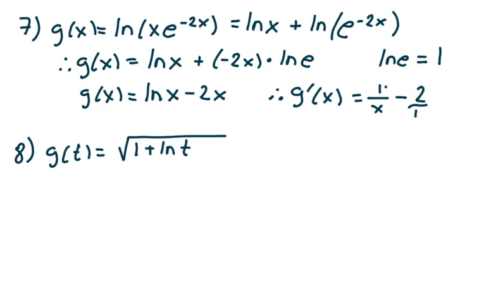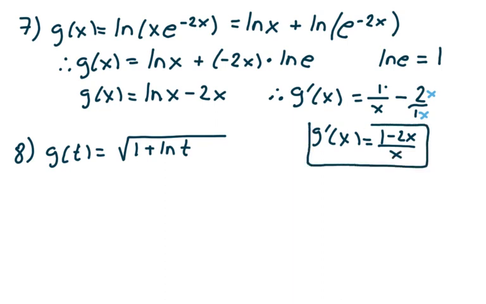And so I would have to multiply the second term in the numerator and denominator by x, like so. And so, therefore, g prime of x is equal to 1 minus 2x divided by x. And that's how we do example 7.